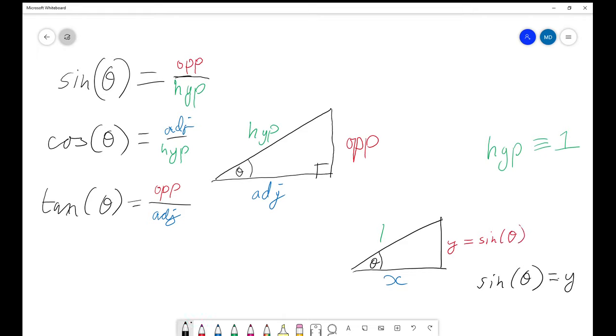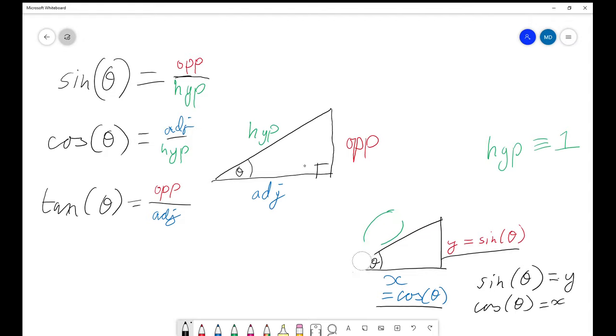And similarly, cosine theta is going to be equal to x over 1, which is of course just x. Because whenever I divide by 1, nothing changes, I get the same answer back. So I get cosine of theta here. In fact, if I define this triangle with a hypotenuse of 1, the side lengths of my triangle are sine theta and cosine theta.